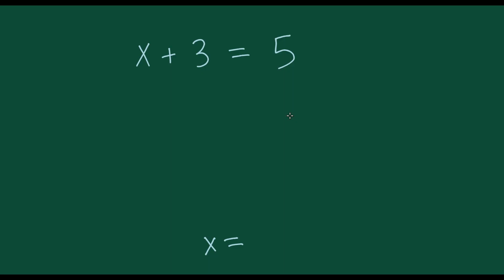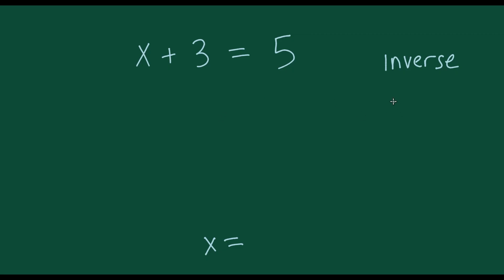But here is how you would solve for x systematically, because you're not always going to see equations this easy. Okay, so here's the procedure. If you have a variable plus a number equal to another number, to solve for the variable, you want to do the inverse operation. You want to do the inverse operation of addition.